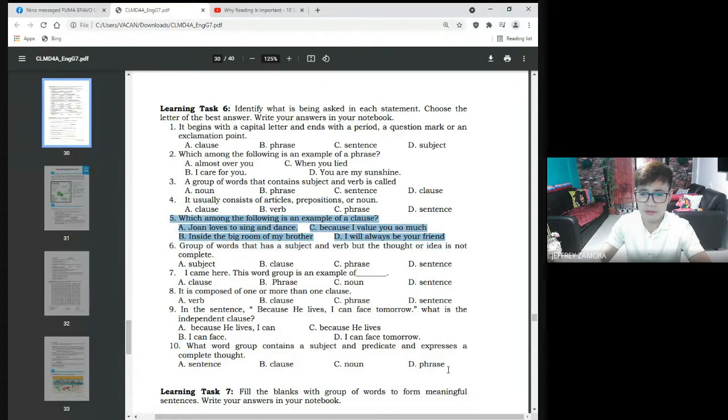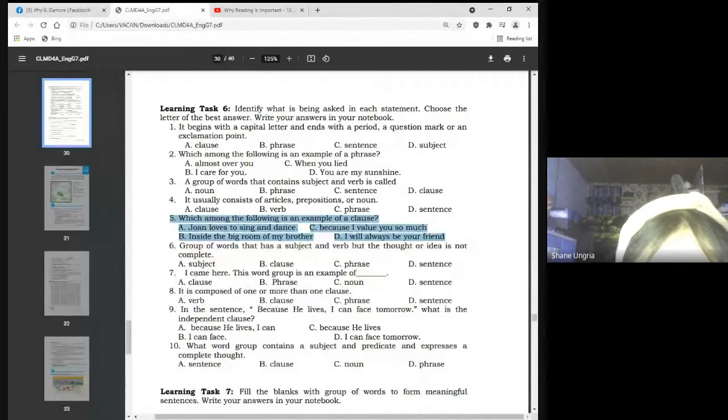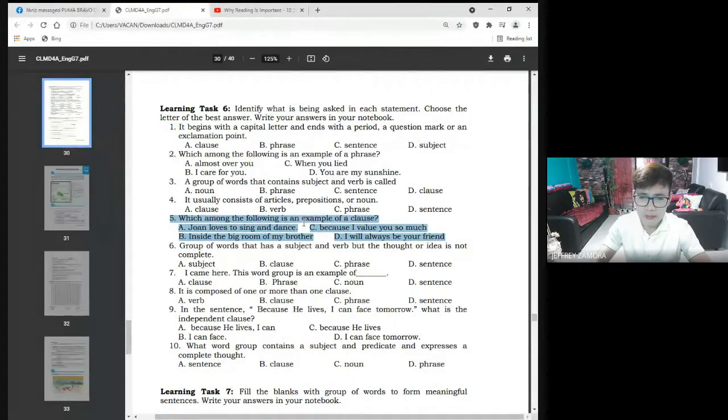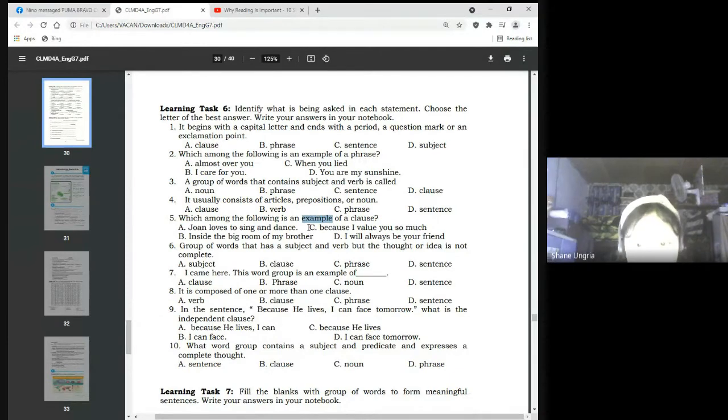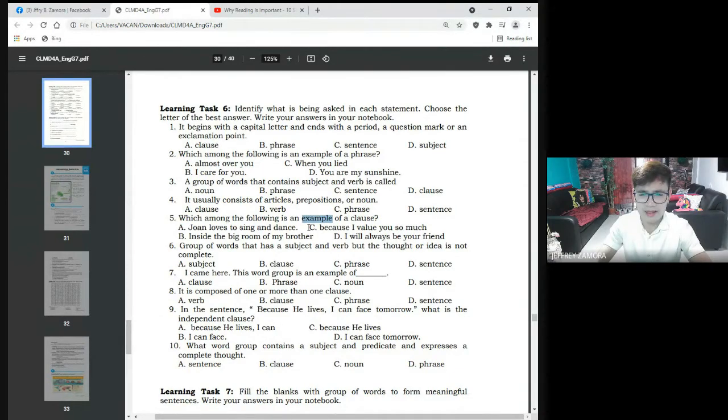What about number 5? Shane, please. Which among the following is an example of a clause? Excuse me first. It should be "example." Everybody, please turn on your mic and I want to hear "example."